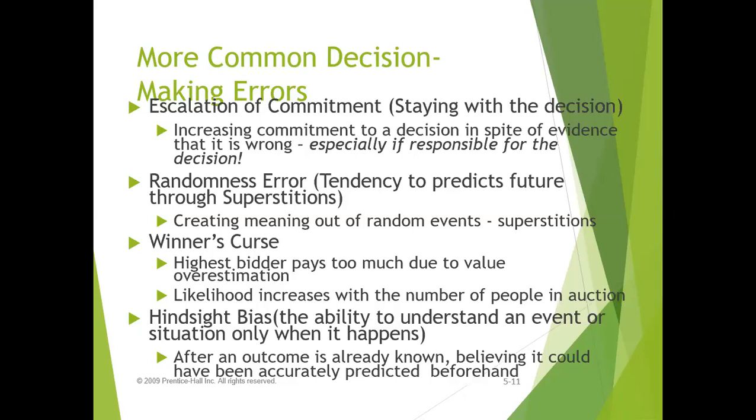This is also one of the errors people use in their daily routine life. You choose one particular day of the week as your lucky day, for example, Tuesday is my lucky day. So this is a randomness error and a superstitious approach. As Muslims, we do not believe in these things.